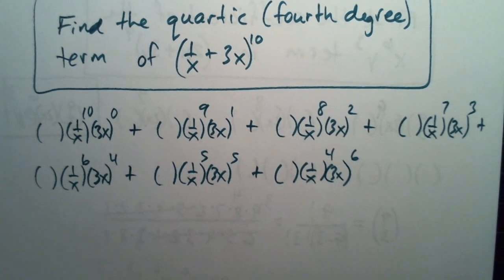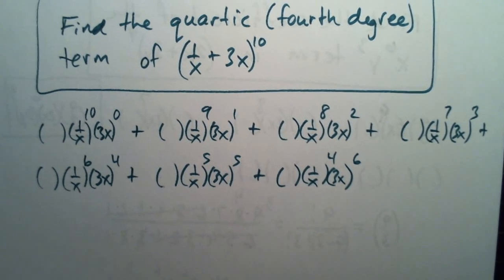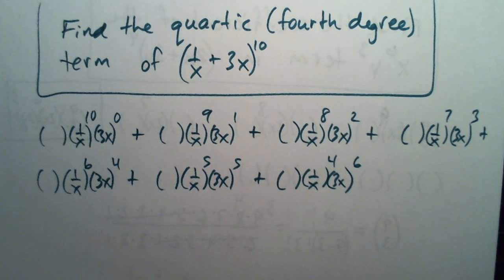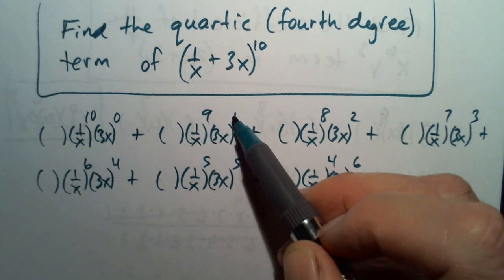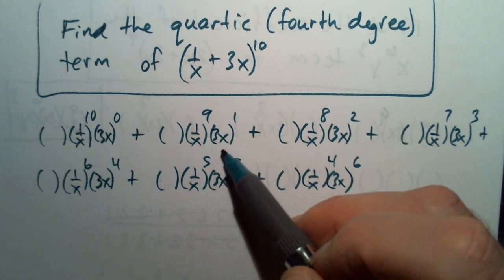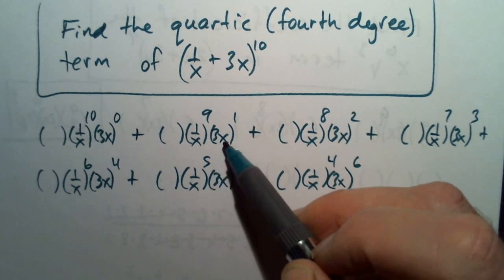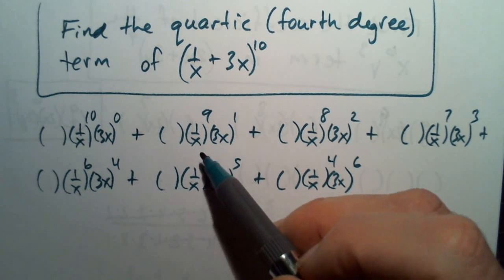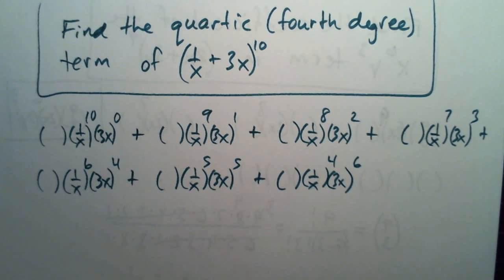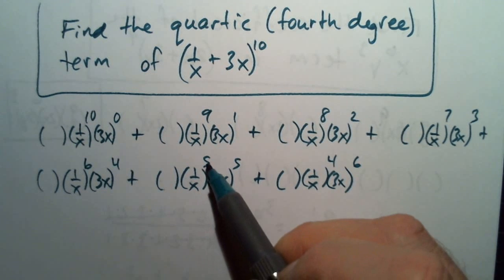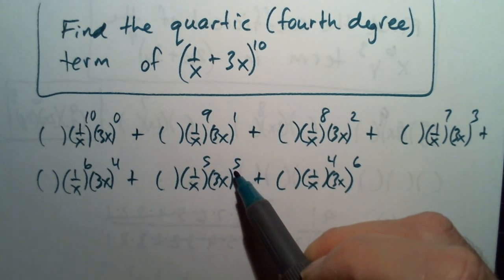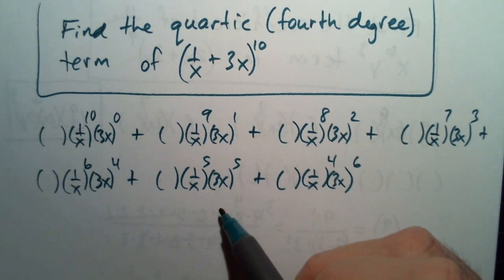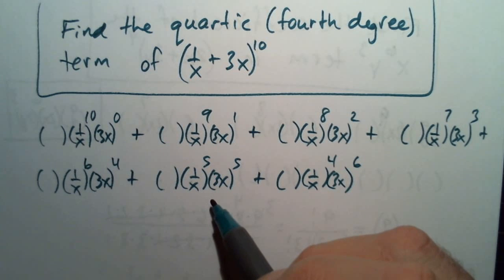We need the term that ends up with an overall degree of 4. Quartic means fourth degree. So we have an x to the 9 in the denominator and x to the 1 in the numerator. This would be x to the negative 8. So this would have an x to the 8 in the denominator. Here we have x to the 5th in the denominator, x to the 5th in the numerator, and that means that would be a constant term. There'd be no variable there.